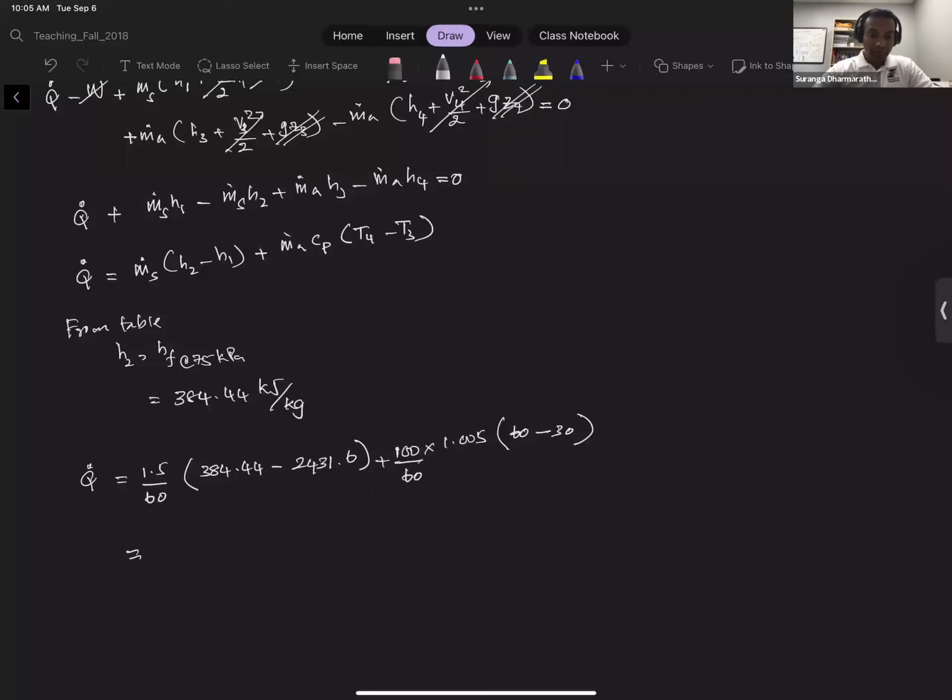So you're going to solve this: 1.5 divided by 60 times (384.44 minus 2431.6), plus 100 divided by 60 times 1.005 times 30.